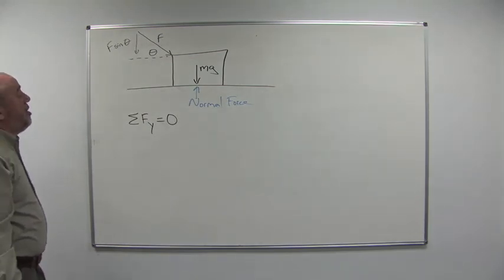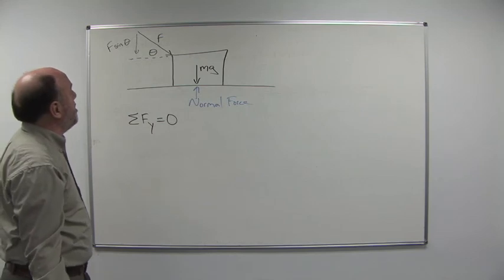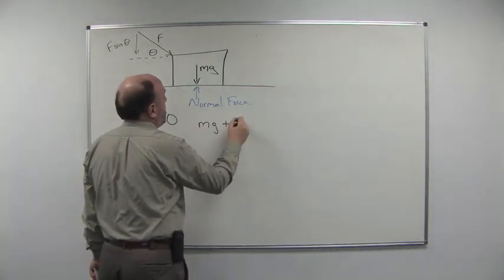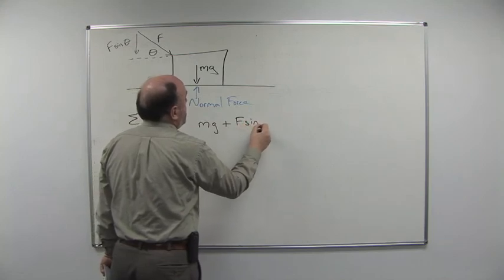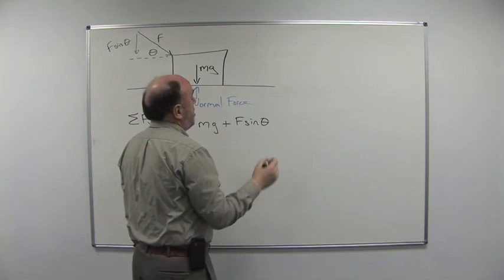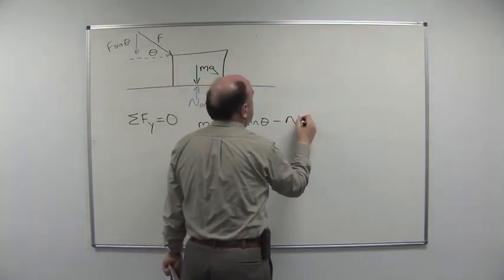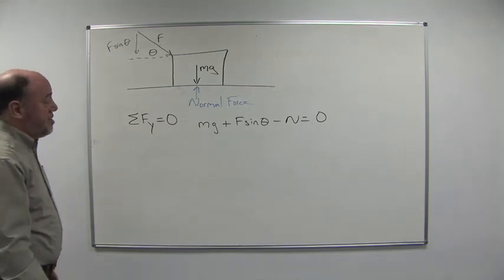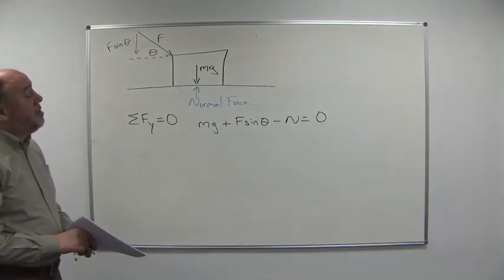So my forces acting in the positive direction will be the weight and the downward component of this applied force, and then in the negative direction we have the normal force, and the sum of those has to be equal to 0.